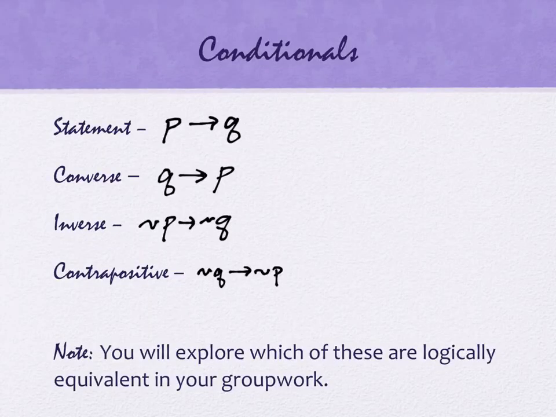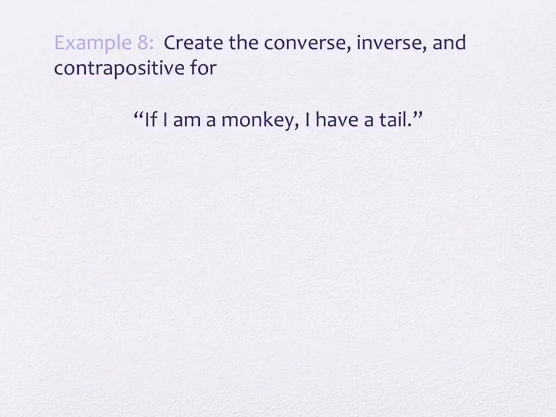All right, so Larry and Bob do not quite have the right idea, or at least Larry doesn't, about conditionals and which direction they work in. So we're going to do example number 8, which is to create the converse, the inverse, and the contrapositive for a statement. This is the original statement: if I'm a monkey, then I have a tail.